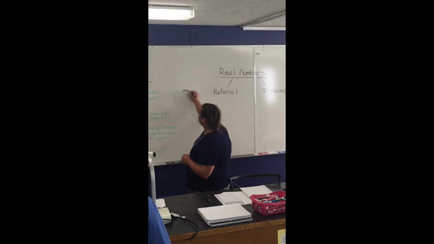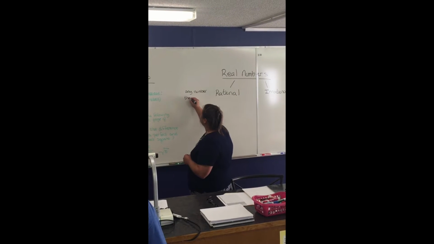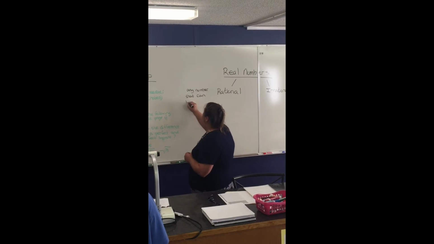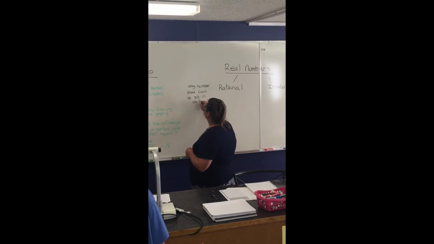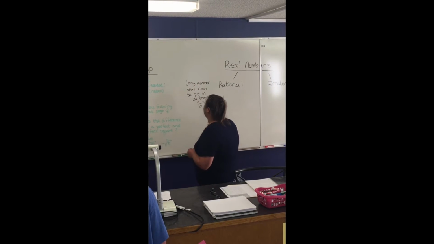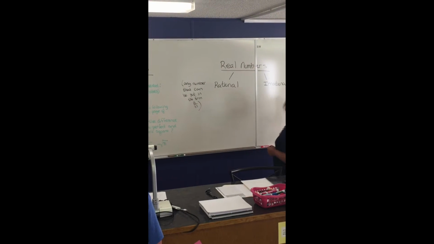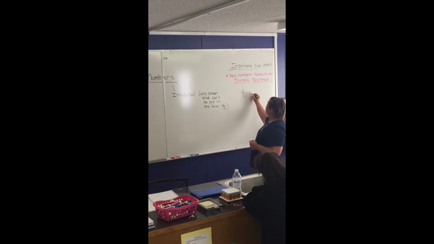So the rational is any number that can be put in the form A over B. Okay? We'll put somewhere over here that A over B equals fraction form.